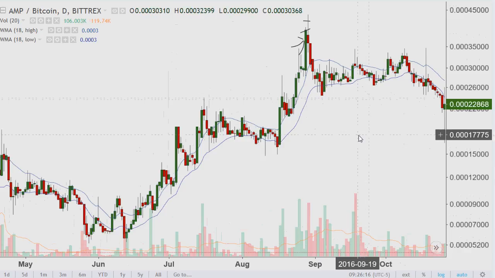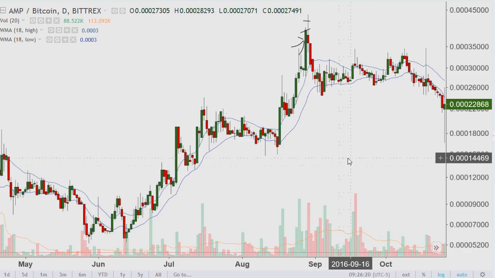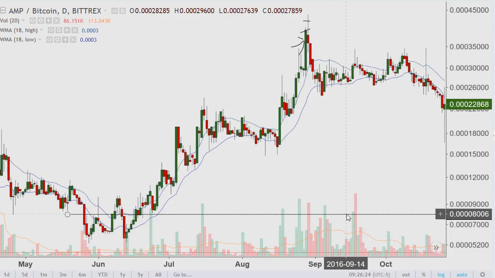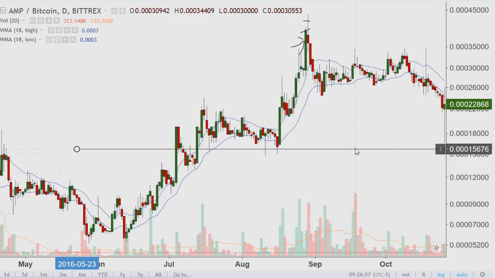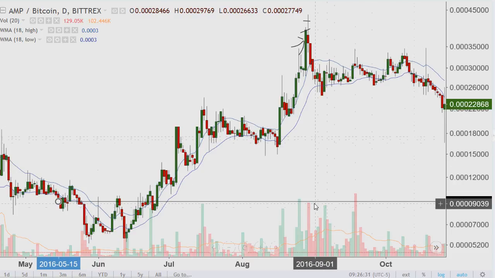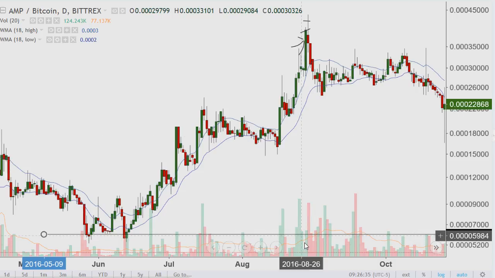As far as where your buy orders would be at this time frame, you can put some horizontal rays in. So we'll put the first one in. I'm just going to put one in towards key previous lows. What's the number? 6,000.